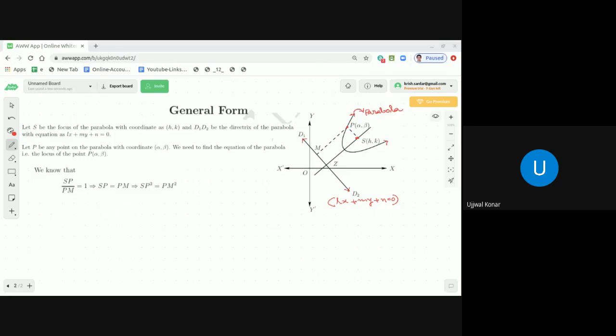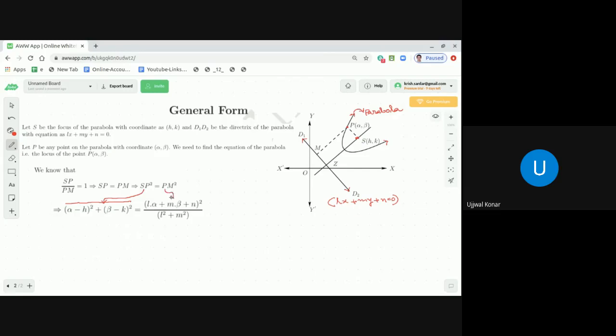So dear students, if we write down whatever I said, it looks like this, and I hope you agree, correct? SP is nothing but the square root of alpha minus h whole square plus beta minus k whole square. Now we take the square of this, so SP square becomes this entire thing, okay? And what is PM square, dear students?